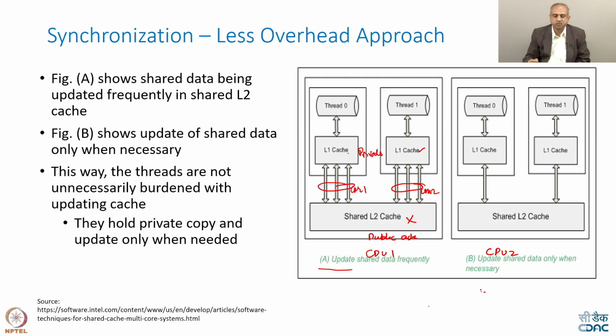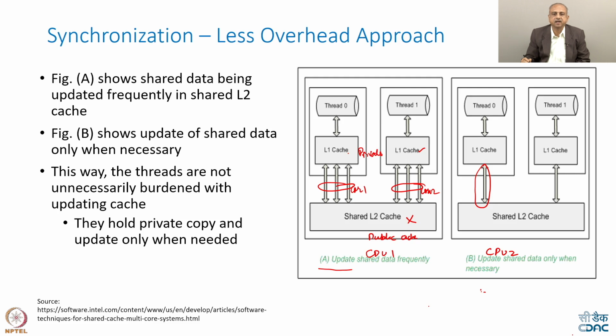Here the overheads are more, but take the second example in CPU 2, wherein the algorithm is the same. However, we are ensuring that only when necessary the L2 cache is updated. As a result, this results in better optimization and the overheads are less.